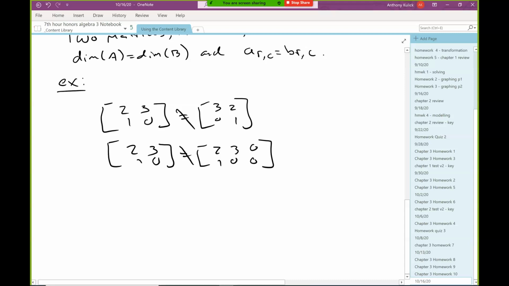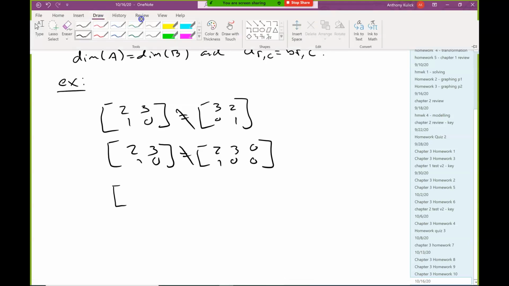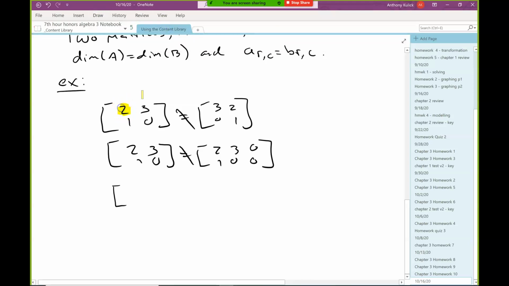Okay, so we've seen two examples of two things that are not equal, right? The first one is not equal because the locations of the numbers are not the same. It's easy to see that A11 is not equal to B11. The second one is not equal because we can see that the dimensions of A and B are different.